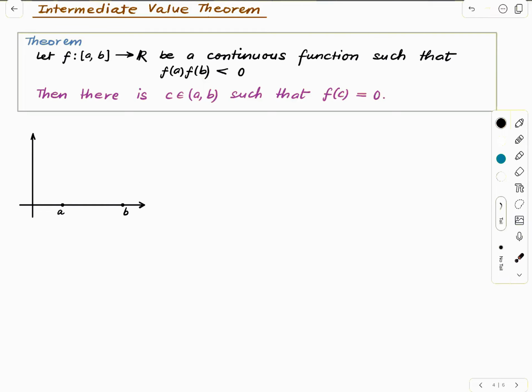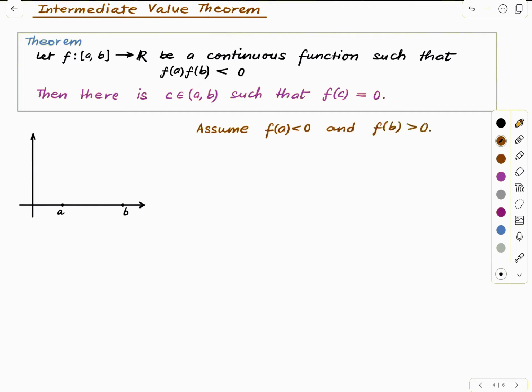So let's try to prove it now, and we will assume that f(a) is less than 0 and f(b) is greater than 0.